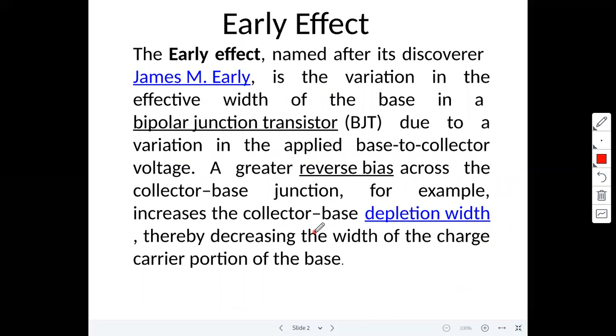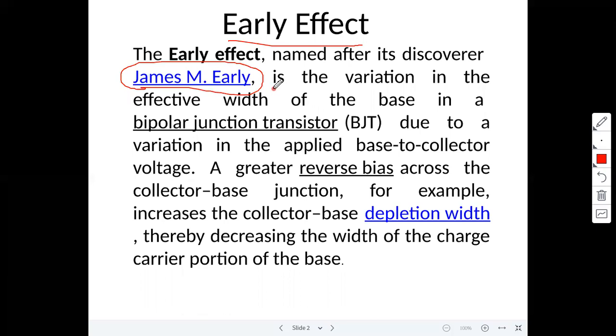Then coming to another important concept in the bipolar junction transistor, that is the early effect. Okay, the early effect is named after its discoverer, James M. Early. It is a scientist's name, James Early. He observed the early effect phenomenon in the bipolar junction transistor.